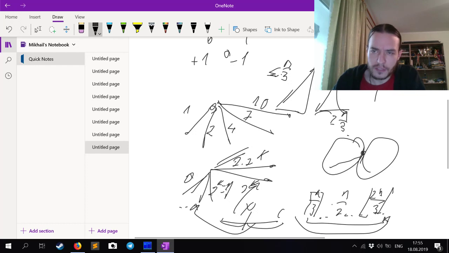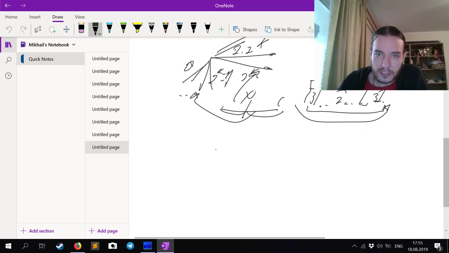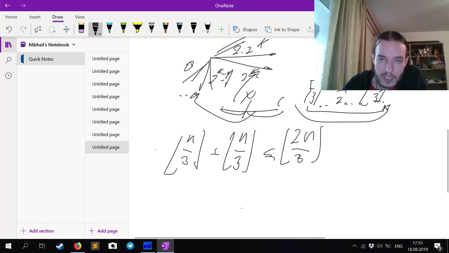Yeah, what we have to ensure is that if we attach a small subtree to a small subtree, we cannot get over here. So n over 3 plus n over 3 is at most 2n over 3. It is correct.